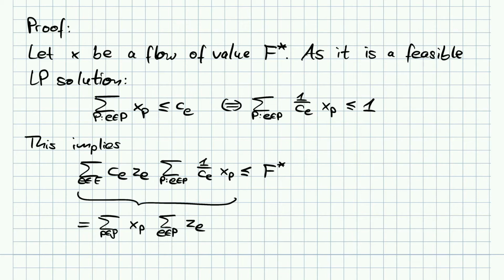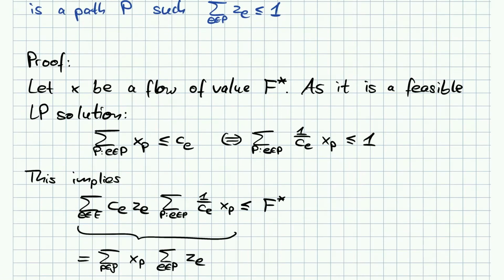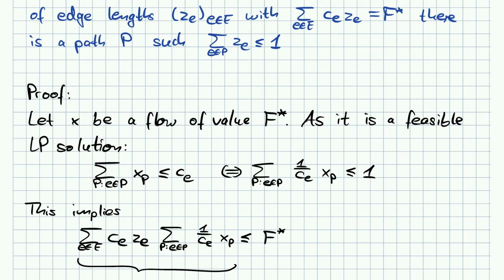Now what would happen if all of these were bigger than 1? Because recall that we wanted to show that there is a path of length at most 1.